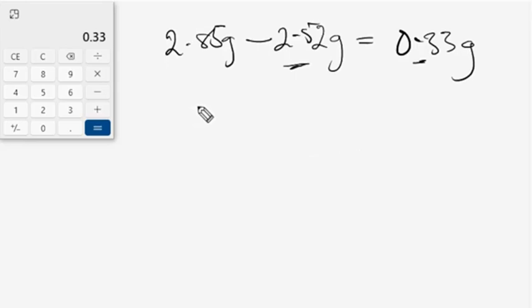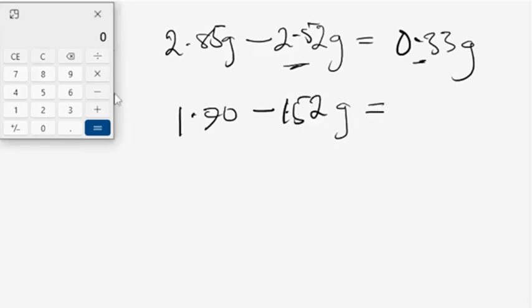On the next one, 1.90 grams of another oxide gave 1.52 grams of copper. Let's find the mass of the oxide here too. We have 1.90 minus 1.52, so that will be 0.38 grams here.